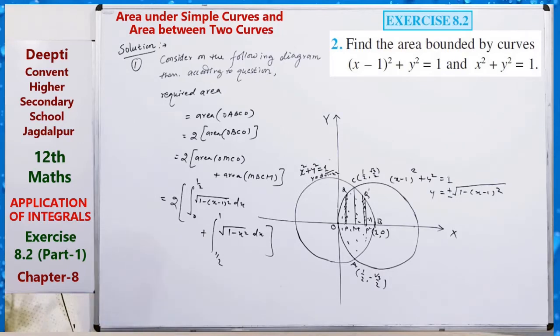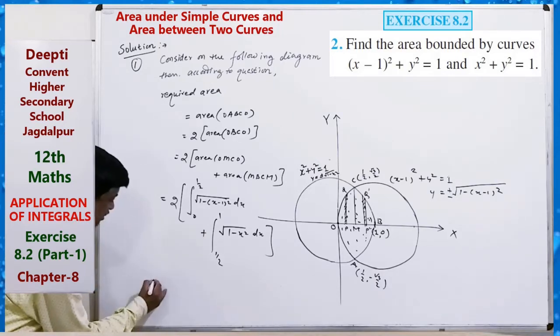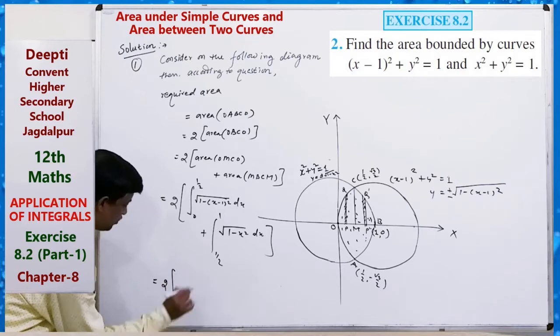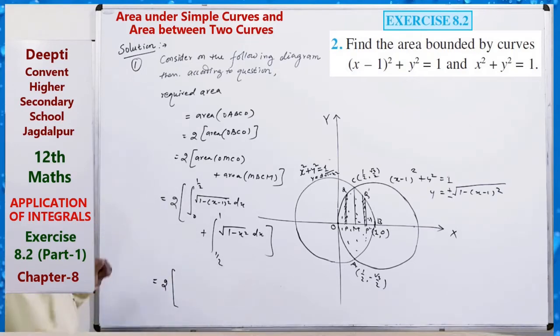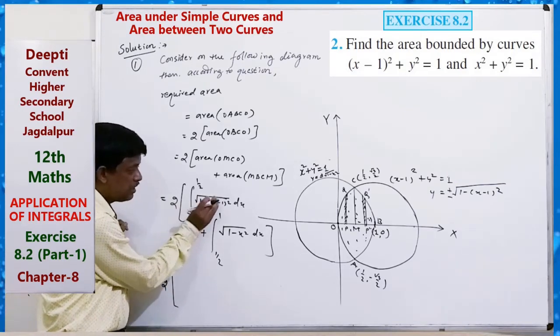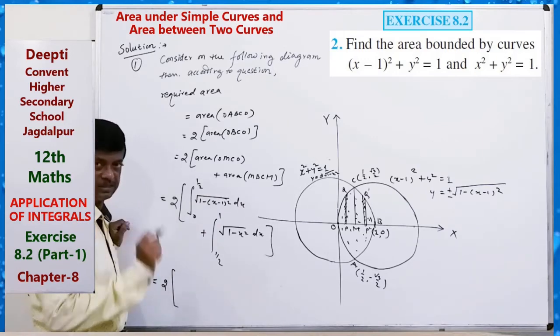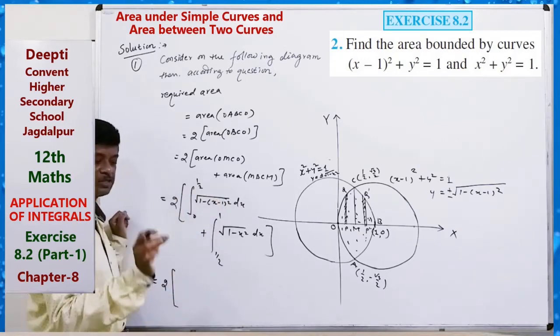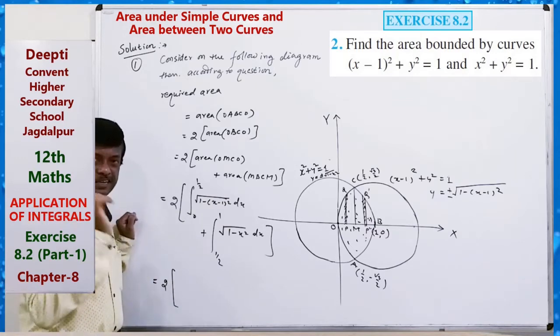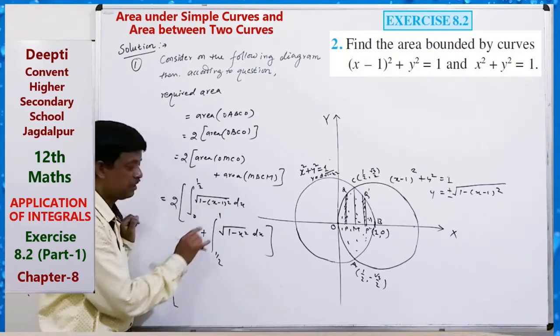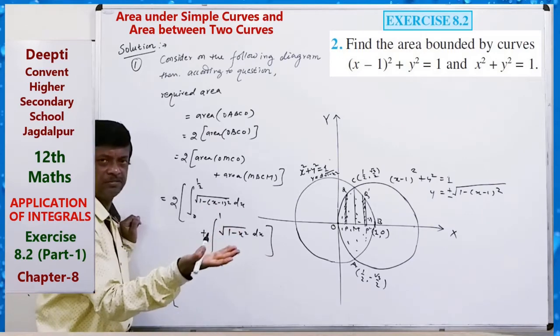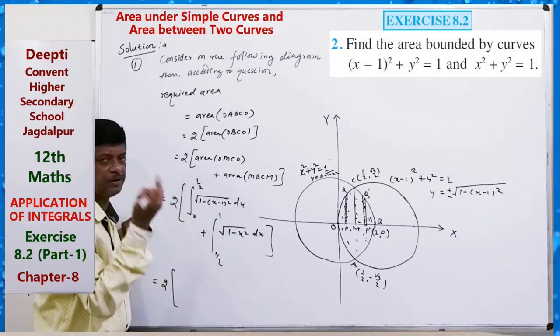Very simple. How can you solve it? 2 times, using the a square minus x square formula, in place of x minus 1, x minus 1 can be taken as t. If this is t, then dx equals dt, and the coefficient of x is 1, so divided by 1.